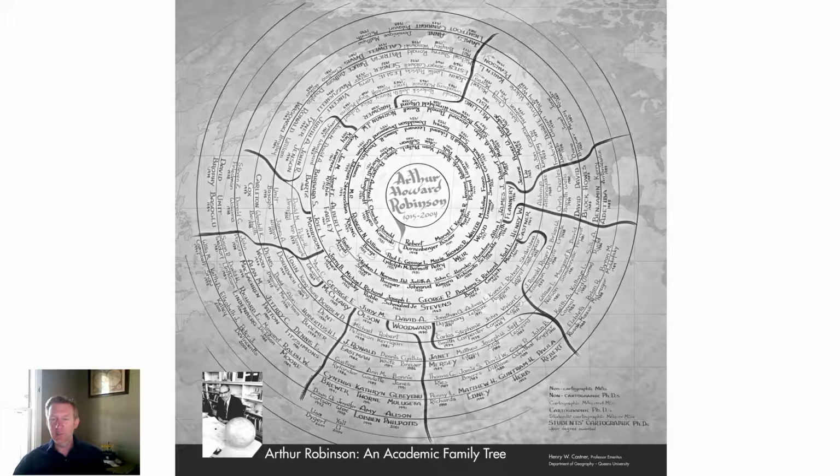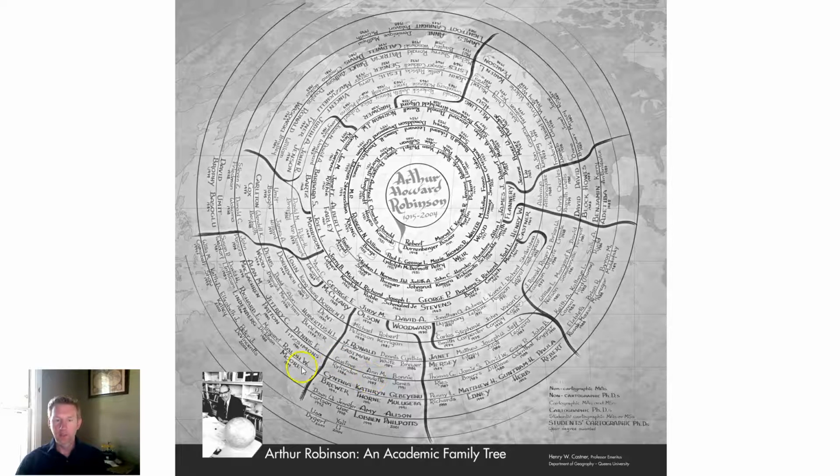This is an image of that Arthur Robinson family tree. Arthur Robinson had a lot of graduate students, and this is his graduate students plus their graduate students, and so on, tracing all the way back. Probably not many of these names are going to be super familiar to you, but Alan MacEachren writes one of the most widely used cartography books.